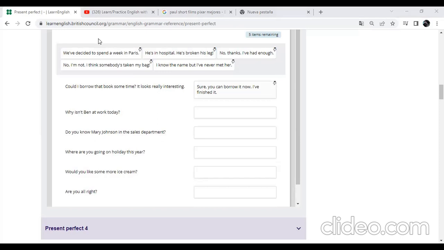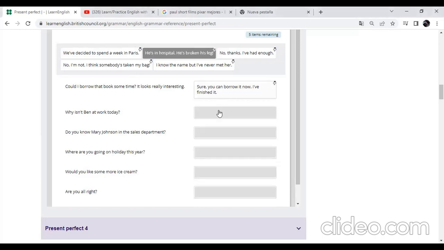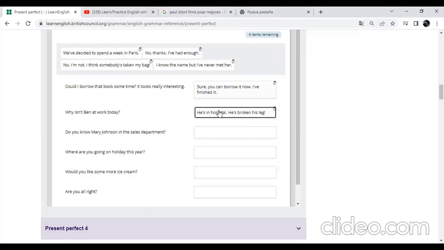What is the second one? What happened at work today? He is in hospital. He's broken his leg. Good job. The next one, please.